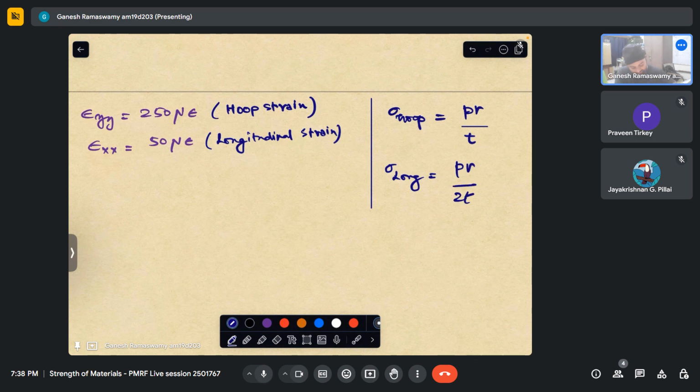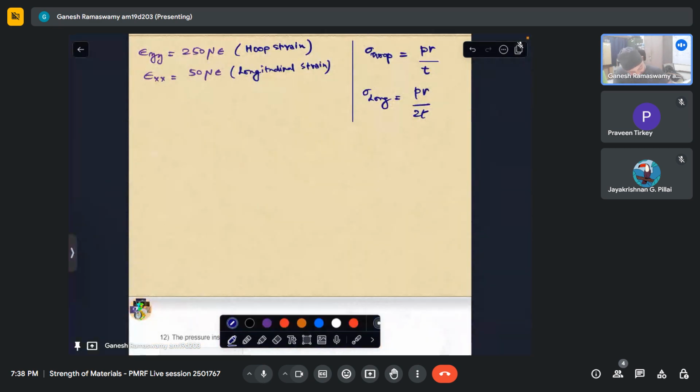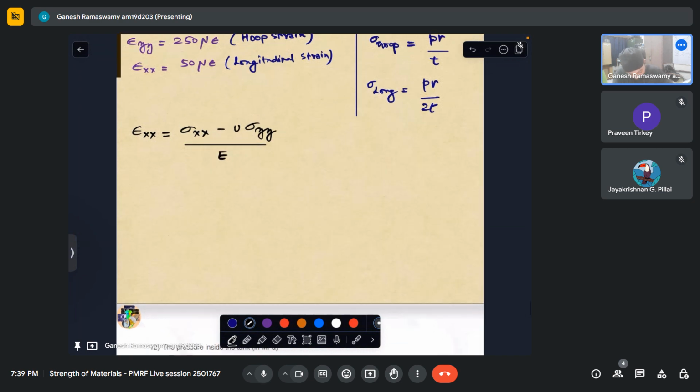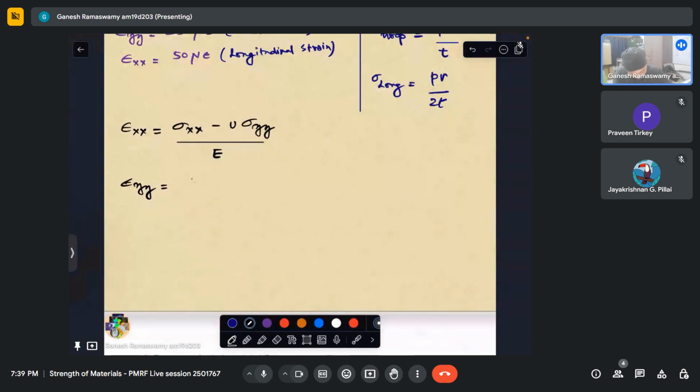So from our knowledge of constitutive relations, we know that epsilon xx is nothing but sigma xx minus mu sigma yy, and sigma zz is 0, so this is totally divided by E. Similarly, epsilon yy is nothing but sigma yy by E minus mu sigma xx by E. Let me write it in a similar fashion so that there is no confusion. All right, now it is just a matter of substitution.